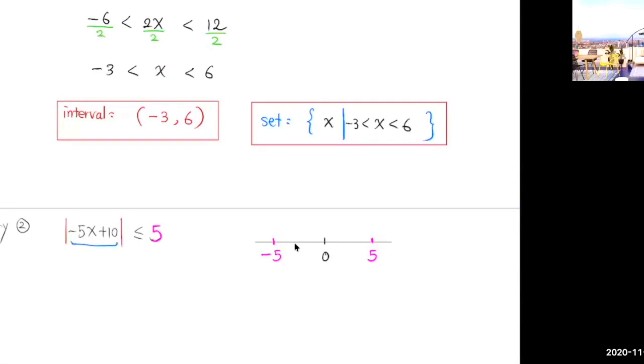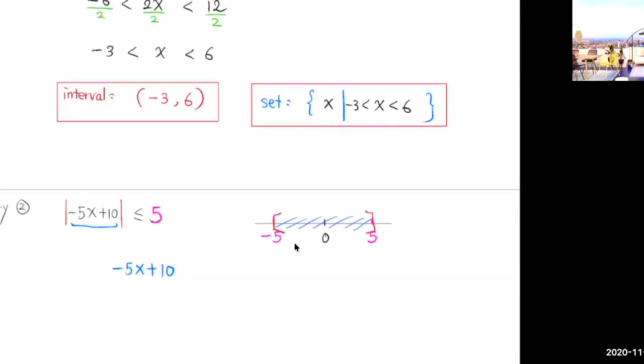This negative 5x plus 10, this whole expression, how is it related to negative 5 and 5? If you want the absolute value of that less than or equal to 5, then that is going to locate it within negative 5 and 5, including the endpoints.